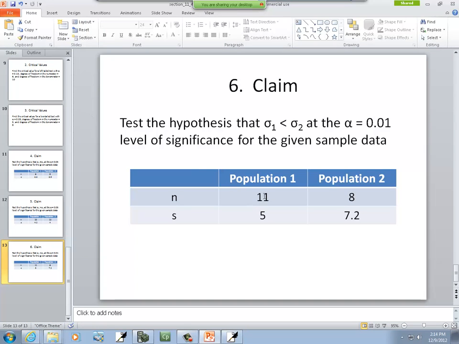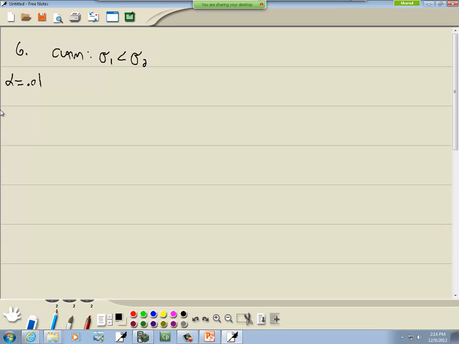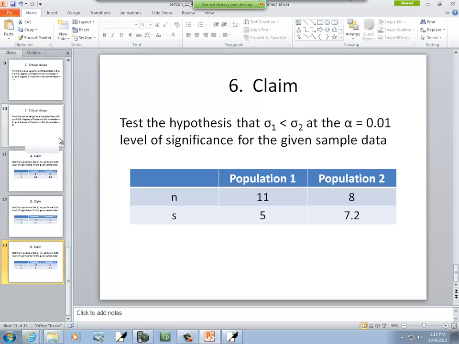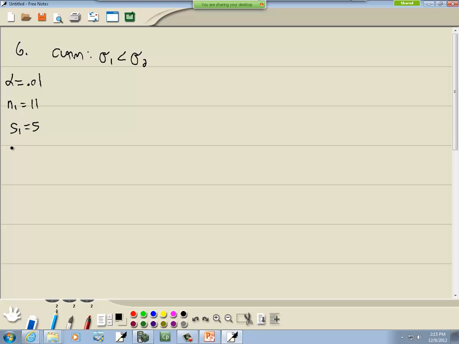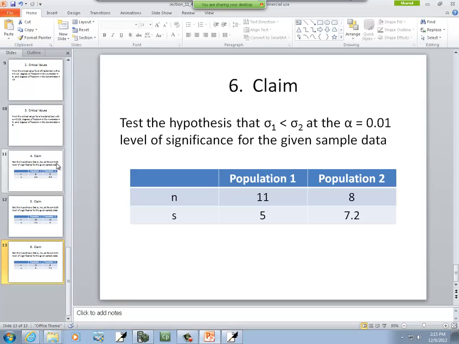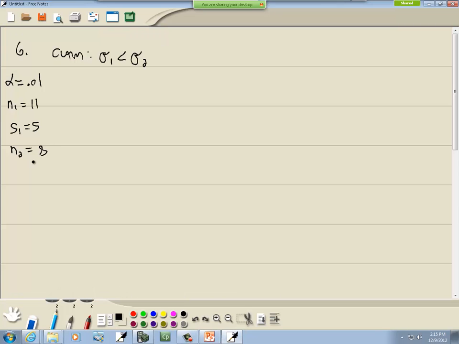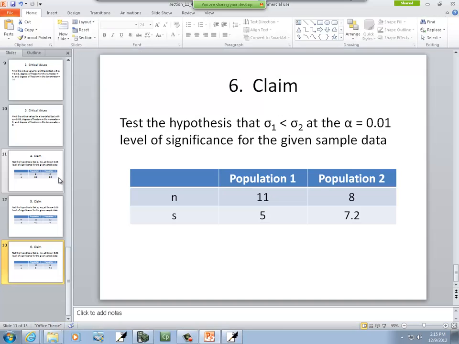For our first population, n1 is 11 and s1 is 5. Now for the second, n2 is 8, and s2 is 7.2.